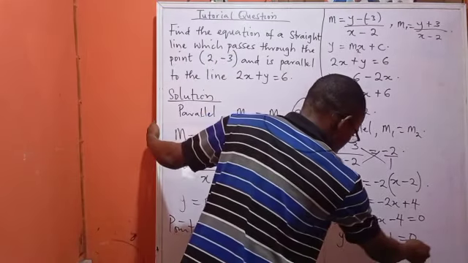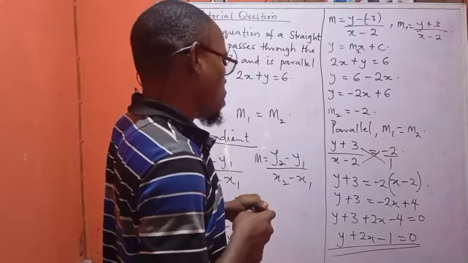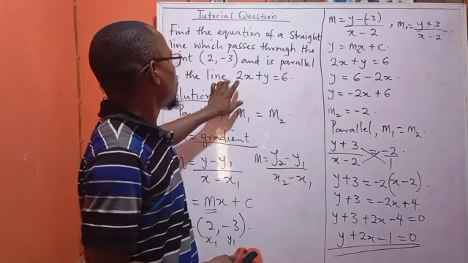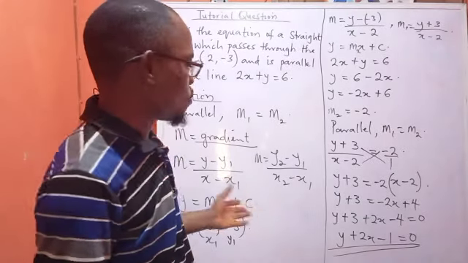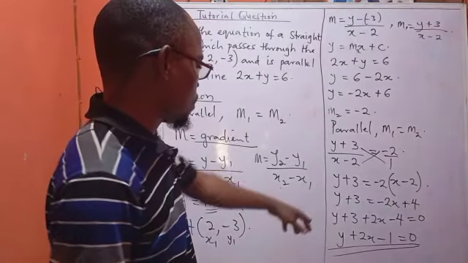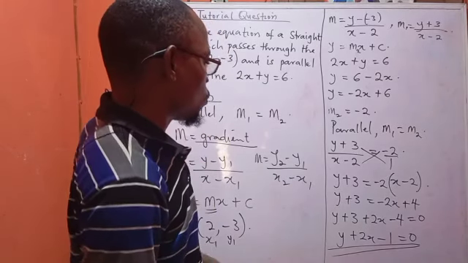So this is the equation of the straight line. There you have it. This is the equation they want us to look for.